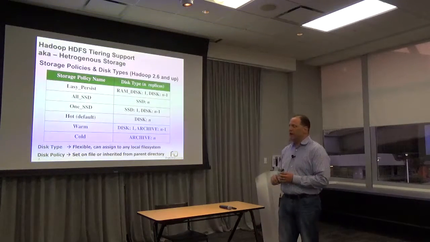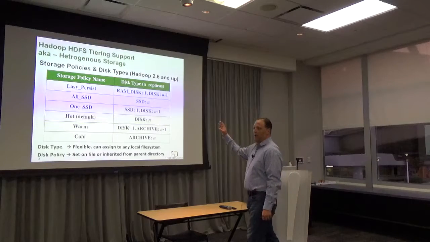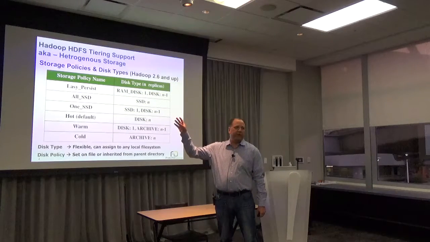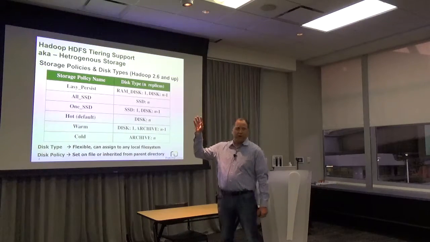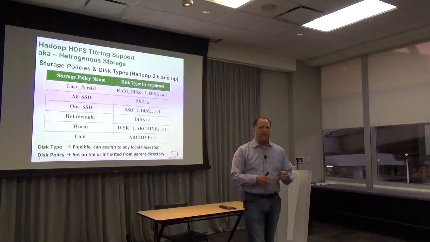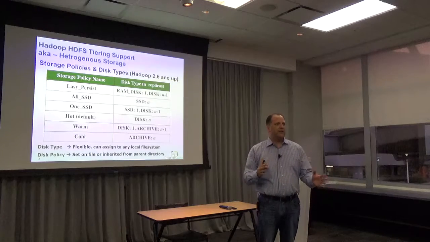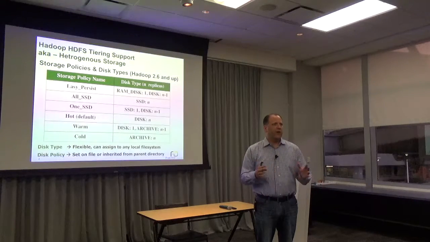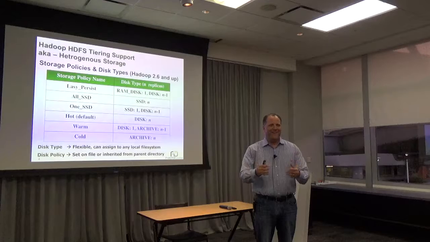So what you see here is the built-in capability of tiering within Hadoop today. It's also called heterogeneous storage. That's another name for it. Has anybody used heterogeneous storage capability or tiering function in Hadoop, or archiving in Hadoop? Anybody? Yeah, I know you have.